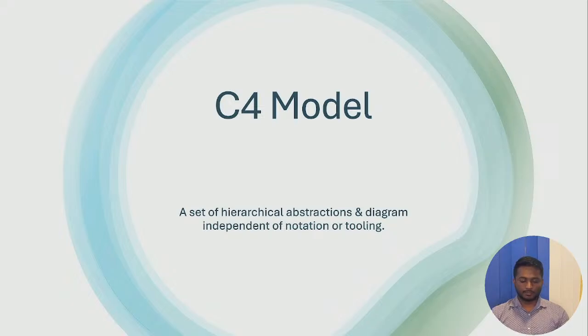Independent of notation or tooling. What this means is this method is a concept. It doesn't have any specific notations that we have to follow or specific tools that we have to use. Because of that, it makes using this C4 model for software architecting very easy.